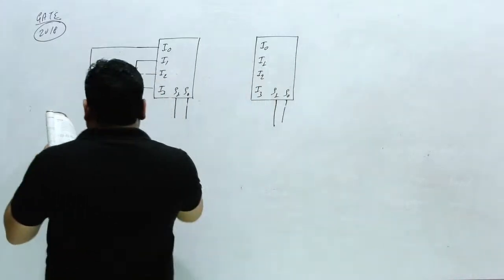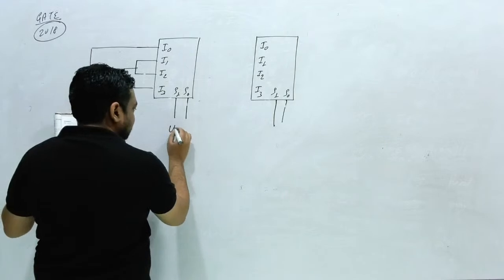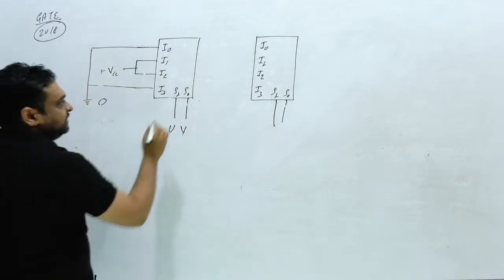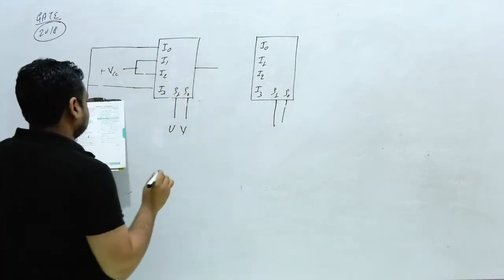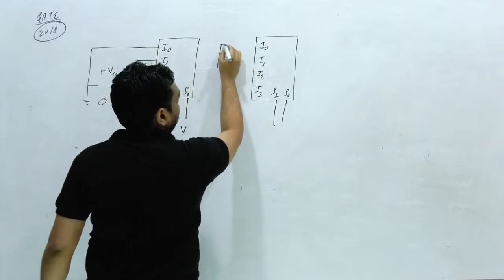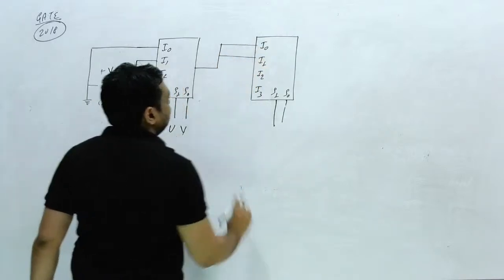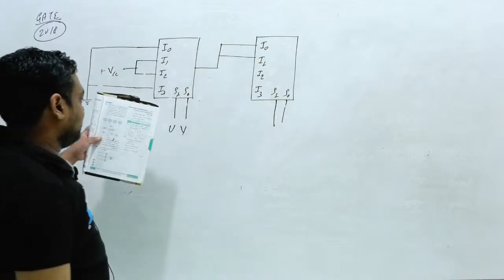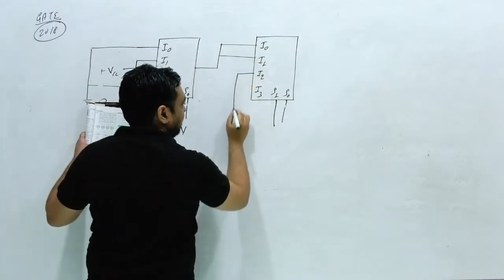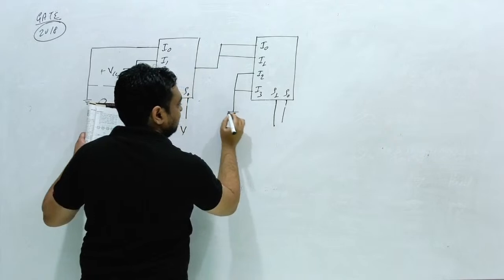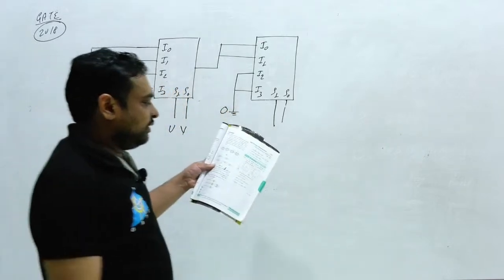Clear this thing? Now this is U and this is V. And this output is connected to I0 and I1, and these two are connected with the ground. Ground means 0.